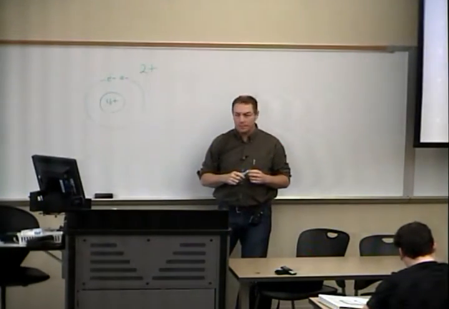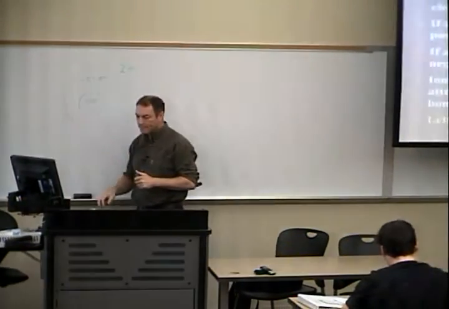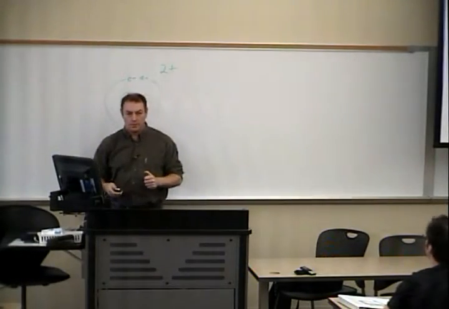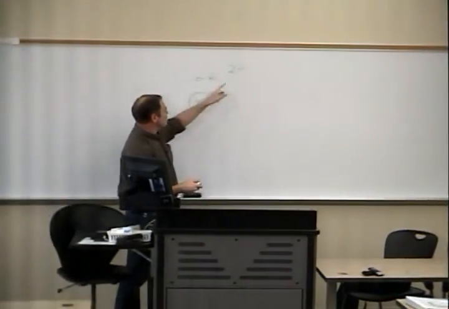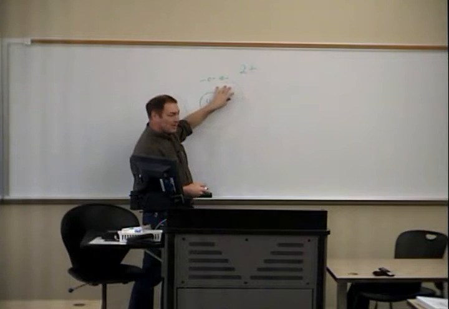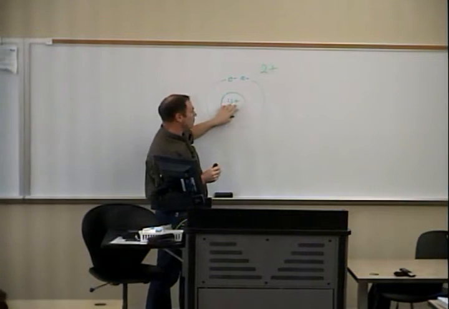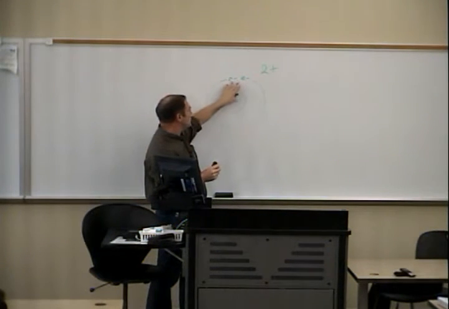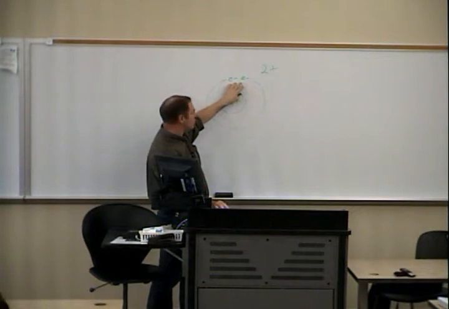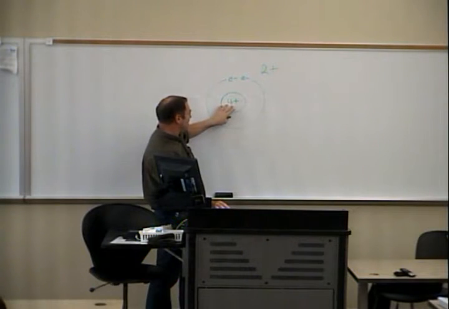Why is it 2 plus? Because this ion has 2 positive charges to it. We've got 4 positives and 2 negatives. The 2 negatives balance out 2 of those positives, and there's 2 left over.